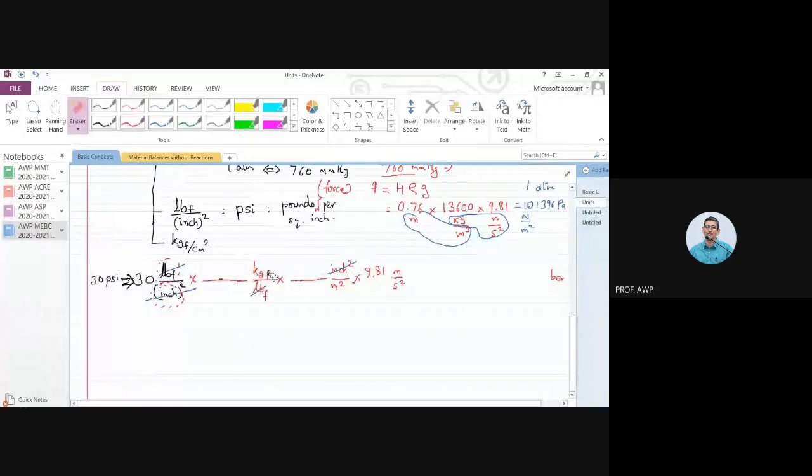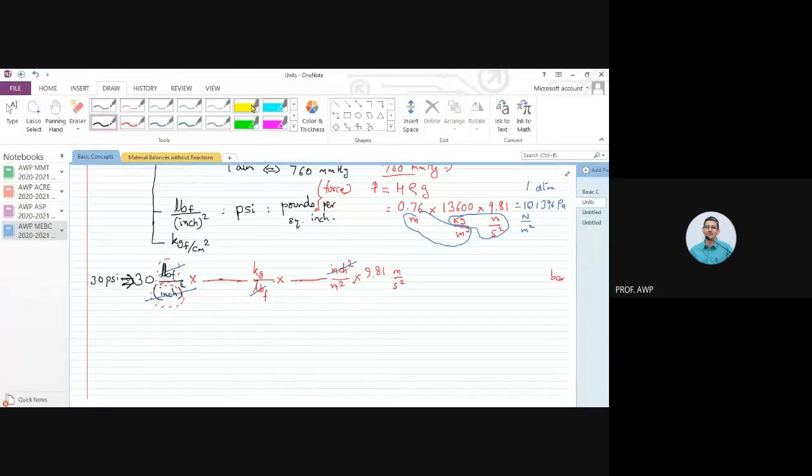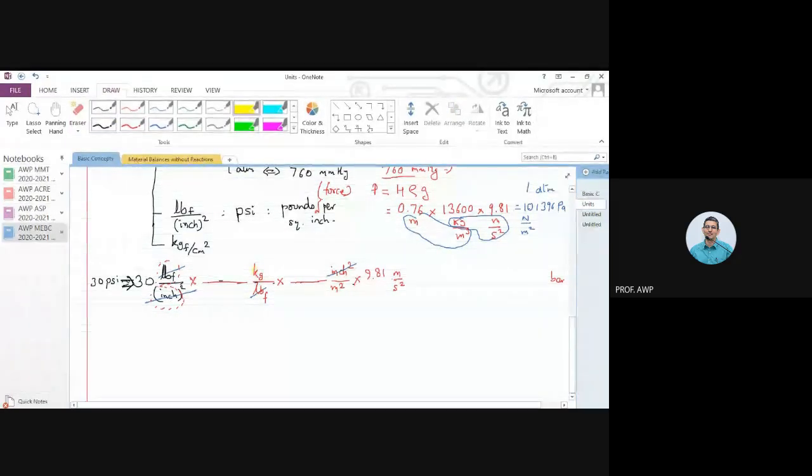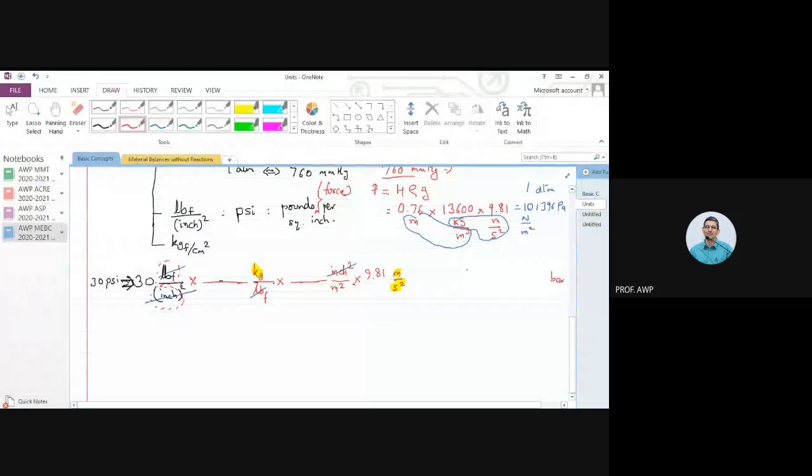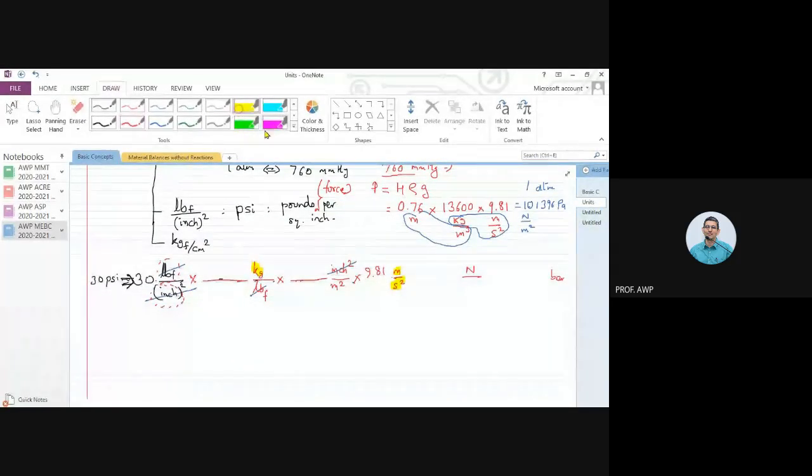And then we don't have to write this kg force because now we have converted that kg into force. Whatever is left now is units of kg meter per second square, so that is newtons, and this meter square in the denominator.